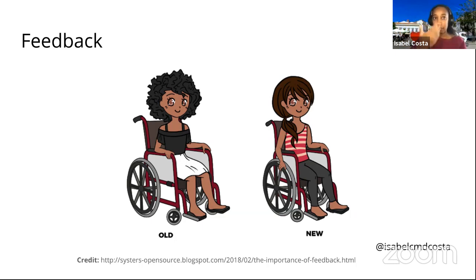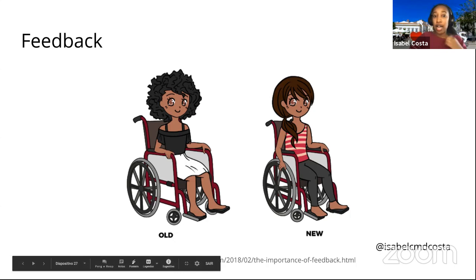It didn't seem like she was using the wheelchair. So the design was changed to having the girl holding the wheelchair. It seems more active. It's not like she's waiting for someone to do something for her. And this is an open source contribution, right? Imagine if you are within a community, you can help by bringing your unique perspective to a project.